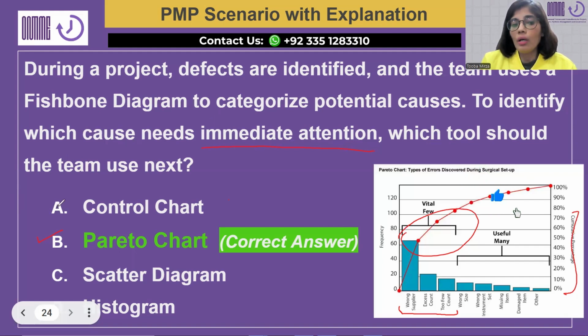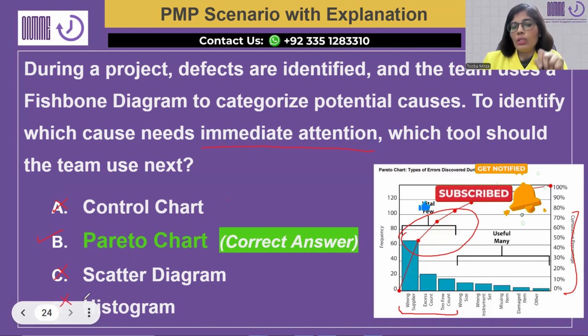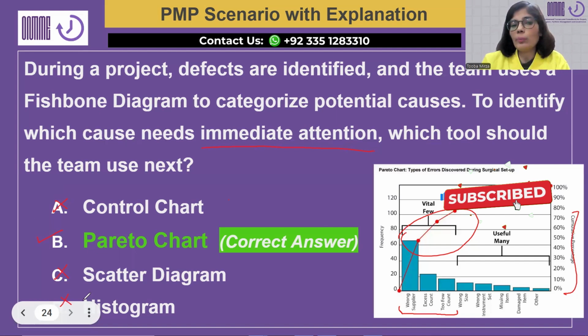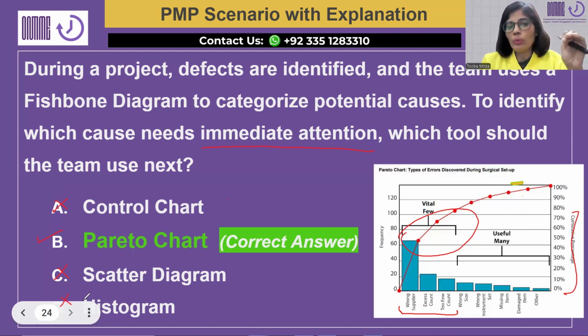Why not A, C, and D in this particular case. A control chart is another very useful and popular tool in the PMI world. Control chart talks about the stability of a process. It talks about a continuous stream of products being developed through a process.